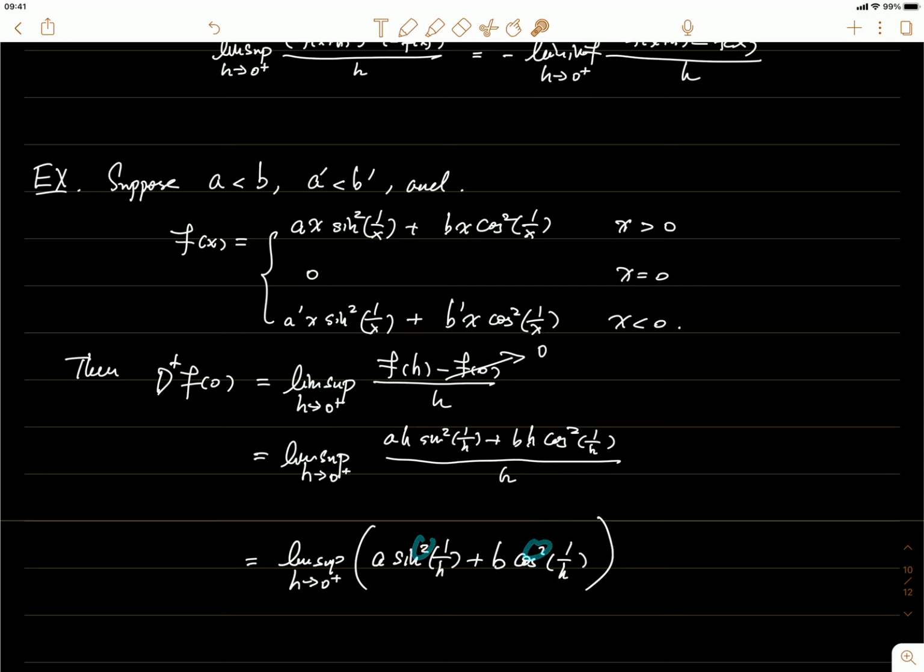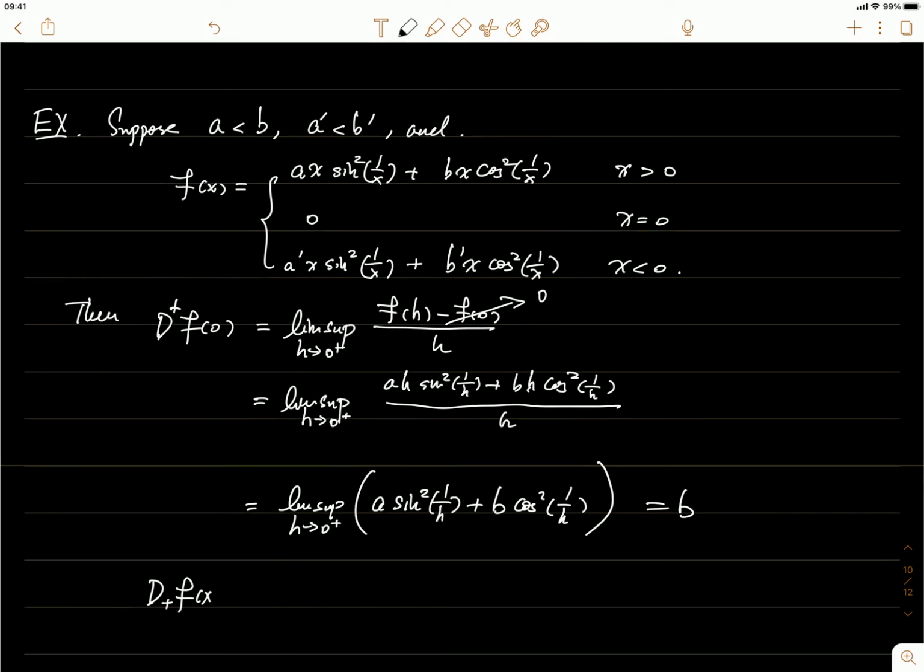Since a is less than b, we can always find a sequence of h, positive, going to 0, such that this one is equal to 1. And this equal to 1 means that this is equal to 0. So in that case, it can take the value of b. So the lim sup of this will be equal to b. Similarly, you can see that the lower right Dini derivative will be equal to a.